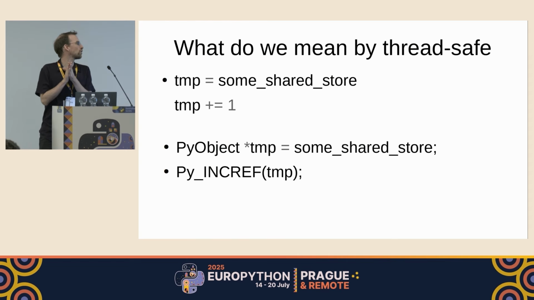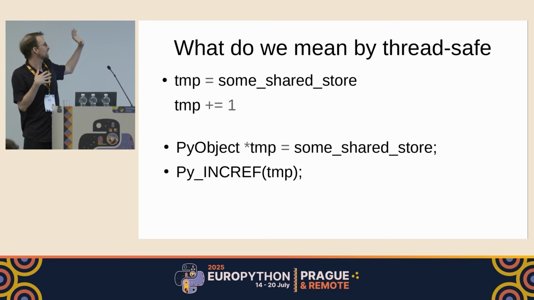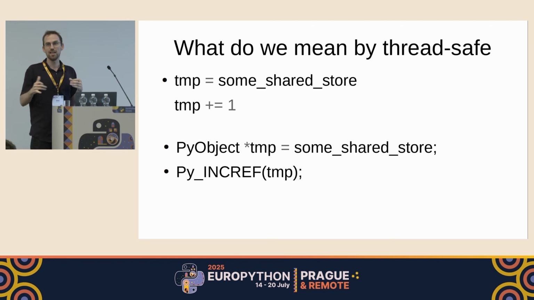The final thread safety example that I wanted to get to is this: you read a temporary from some shared store and then add one to the temporary. The reason I mention that is because internally in the implementation of Python, that happens all the time. You read a Python object and then you incref it, saying I've got another reference count to it.